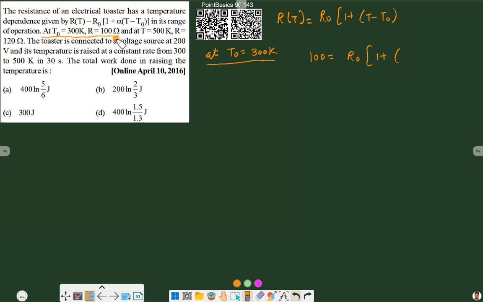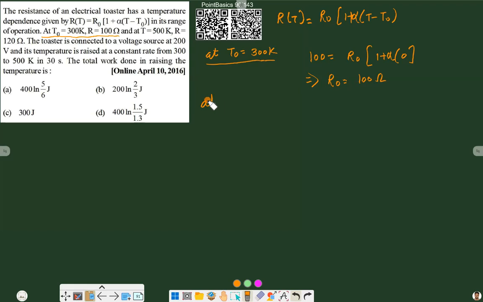So here we are taking the observation at its base temperature, upon which all the calculations are done. So T and T naught are equal, it will be alpha times 0, and from this we can write R naught is equal to 100 ohms.